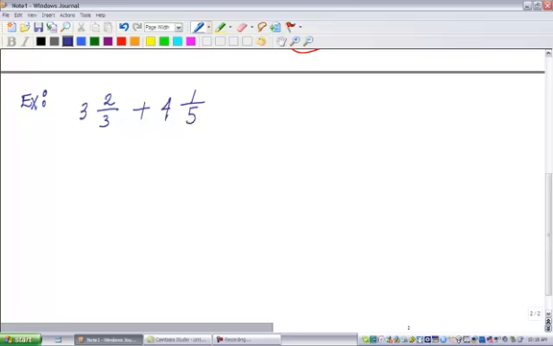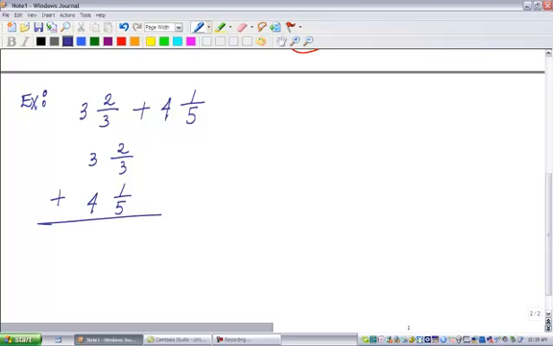Now I'm not going to convert to improper fractions yet. What I'm going to do is add the fractions and add the whole numbers. So I'm adding these numbers.